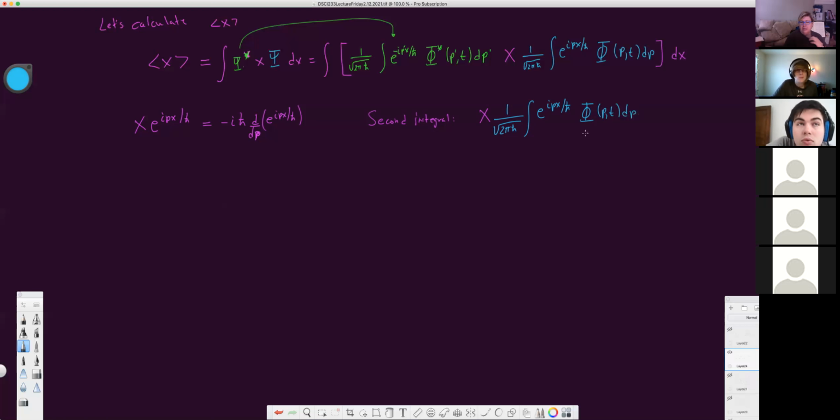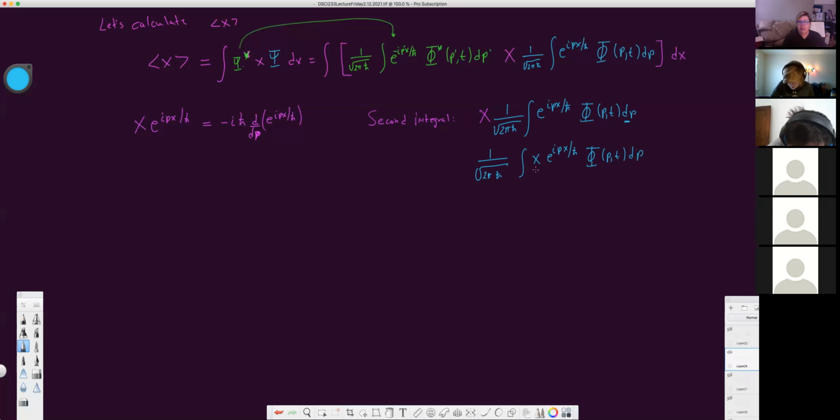Right? That's our second integral. And we're keeping the x in there too. Now I can pull this x inside, right? So when I pull it inside, I'm just going to make it blue. The reason I can pull it inside is that it's integrating over dp, not dx. So x is like a constant in that integral. So 1 over the square root of 2 pi h bar, and then we have the integral x e to the i px over h bar, and then our phi of p and t dp.